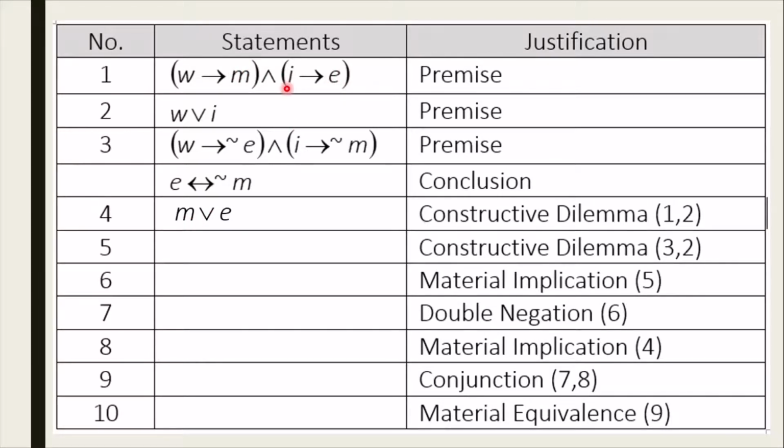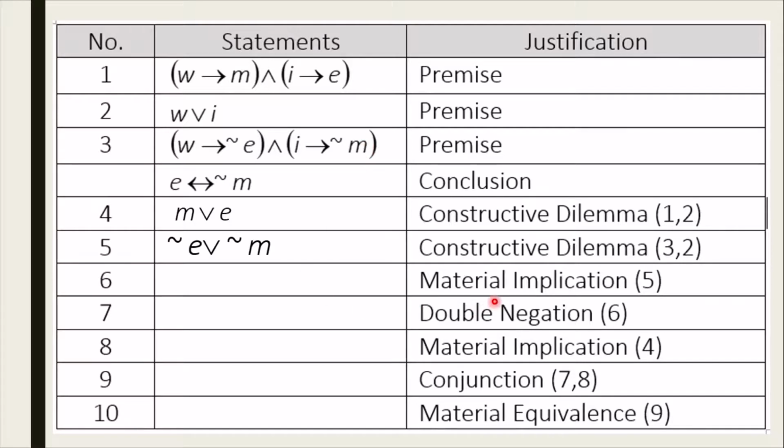So we have M or E. Now for number 5, again we're going to use also constructive dilemma on 3 and 2. So same process as on 1, we're going to apply it to 3. So using constructive dilemma, we're going to arrive at not E or not M.